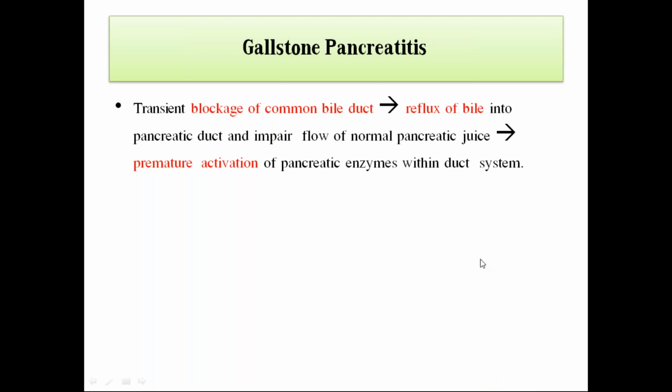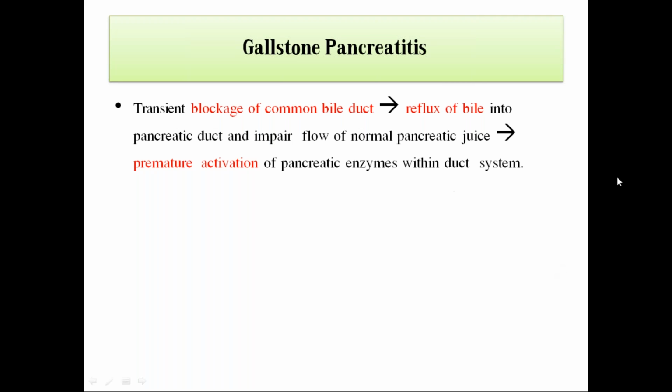Gallstone pancreatitis is one of the most common causes. The pathophysiology involved is transient blockage of the pancreatic duct together with the biliary duct, both draining together from the hepatopancreatic ampulla of Vater into a common channel. Depending upon the length of the common channel, there could be various effects, like anomalous pancreaticobiliary junction.